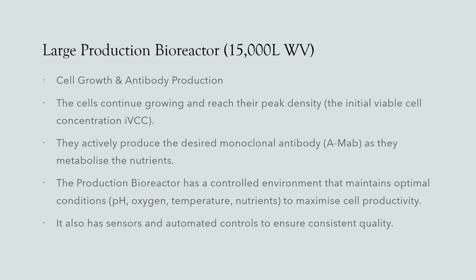The production bioreactor also has sensors and automated control to control the manufacturing process in situ, in place. Since this is where the production of the antibodies occurs, the quality attributes of the monoclonal antibody are determined in this environment, and therefore it's really important to have controlled conditions and your specified, optimized growth media.